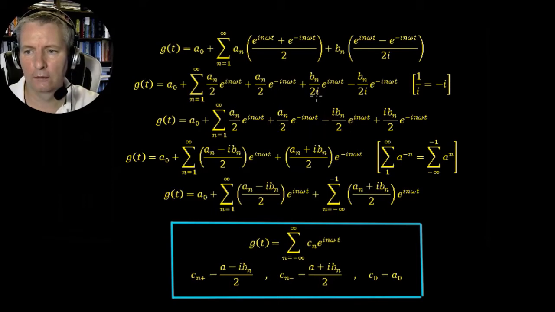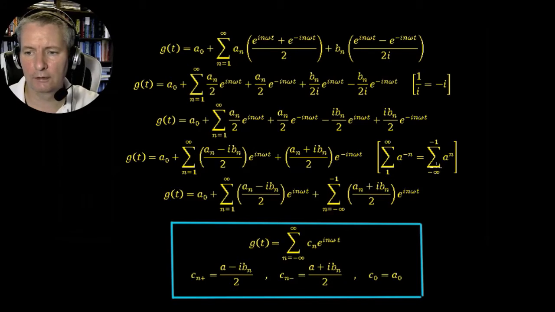This i goes up to the top, becomes minus i, so you get minus i bn upon 2, and this one becomes plus i bn upon 2. We then gather like terms in e to the i n omega t and e to the minus i n omega t, and we get these two like terms here. Now we also note that the sum from 1 to infinity of a function a to the minus n is the same as a sum from minus infinity to minus 1 of a function a to the power of n.